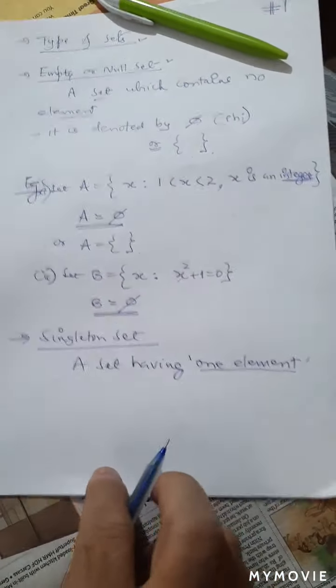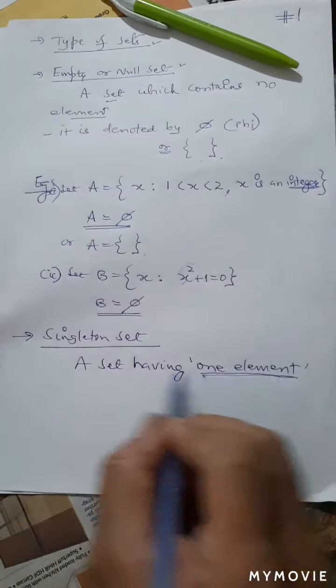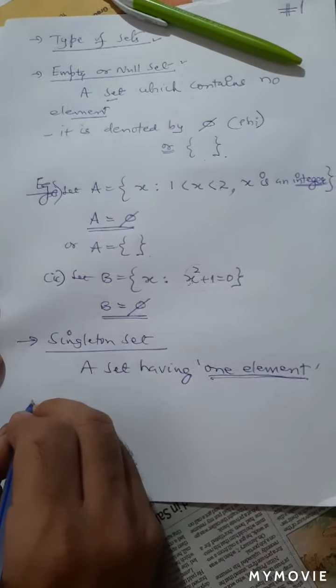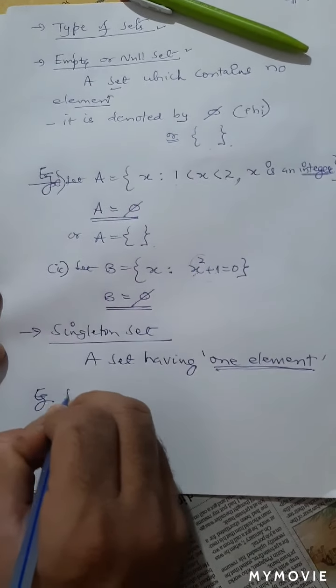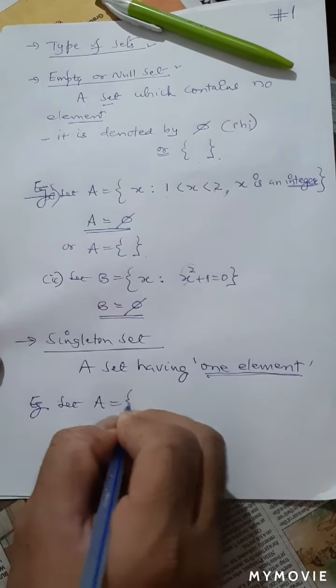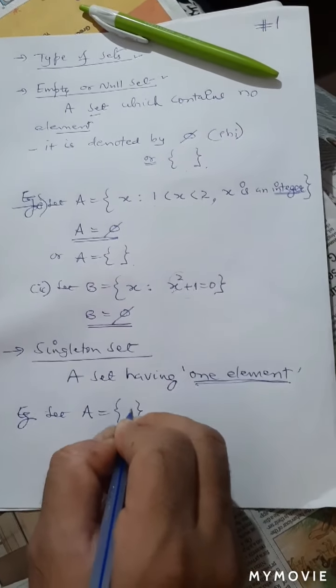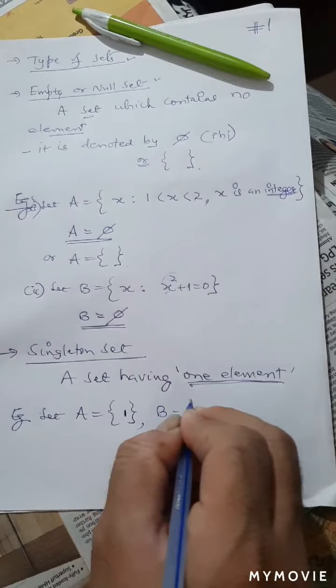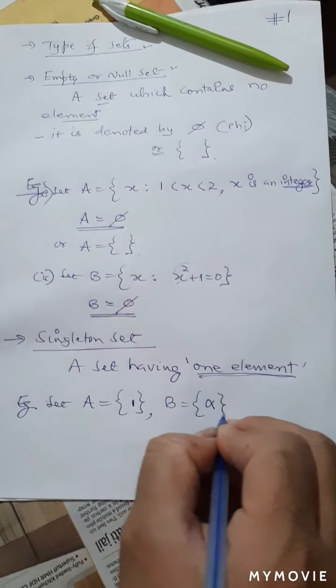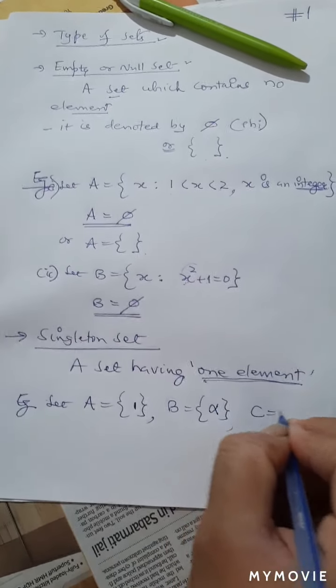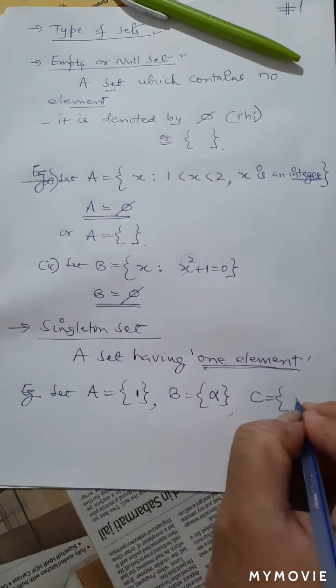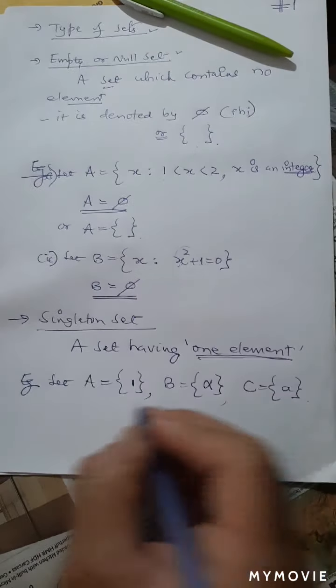A set consisting of exactly one element is called a Singleton set. For example, let's take A equals this, which is read as Singleton 1. If I write B equals this, Singleton alpha. If I write C equals small a, this is also a Singleton set.